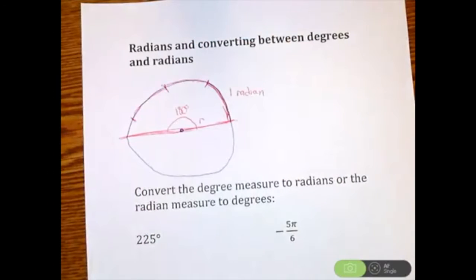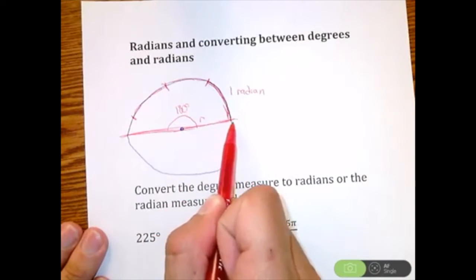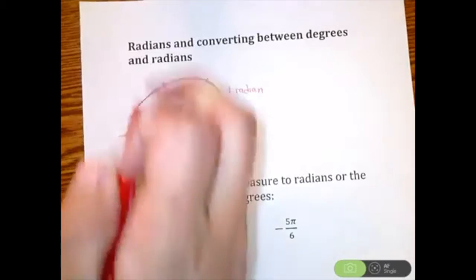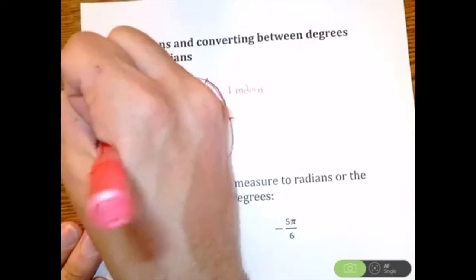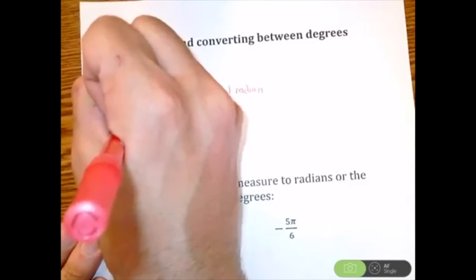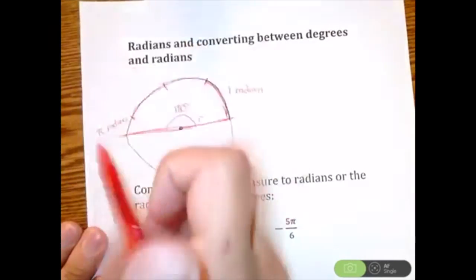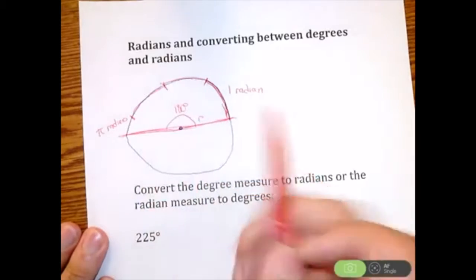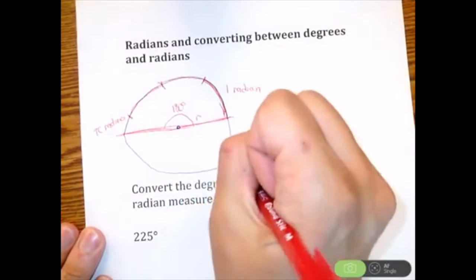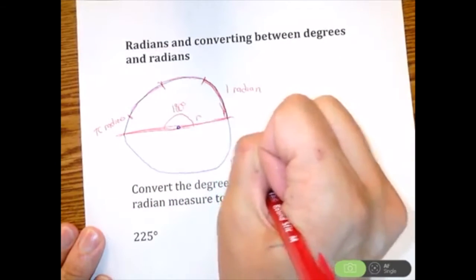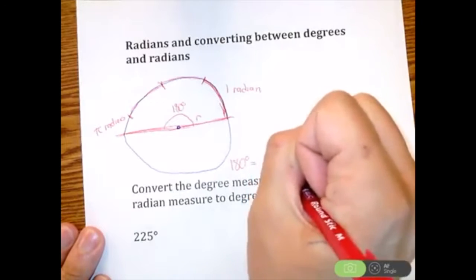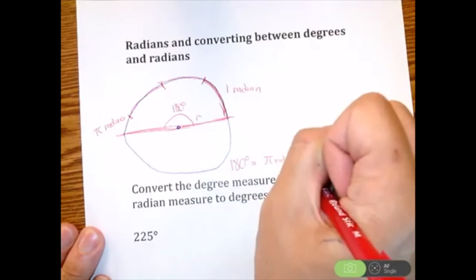So a semicircle is 180 degrees. What also works out is that this distance all the way around on the circumference, that arc, will be exactly pi as a distance, or pi radians. So the measure of this angle is pi radians. So we're dealing with 180 degrees is the same thing as pi radians.